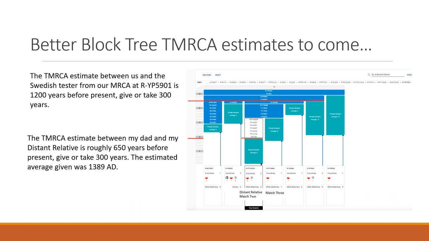And the time to most recent common ancestor between my dad and our distant relative is roughly 650 years, give or take 300 years. So that's also a little bit more recent, but it's still in the 1300s, as we suspected.